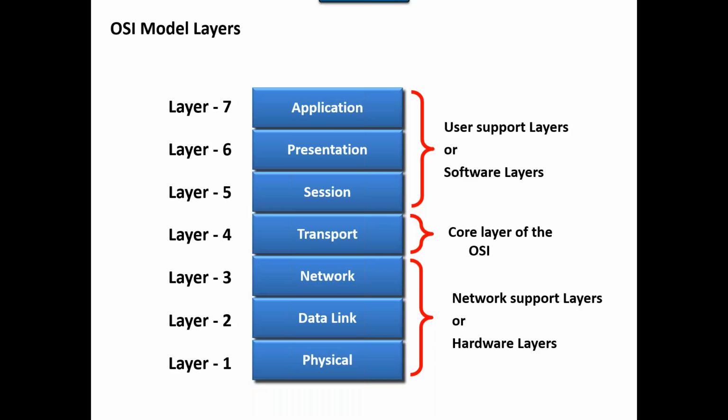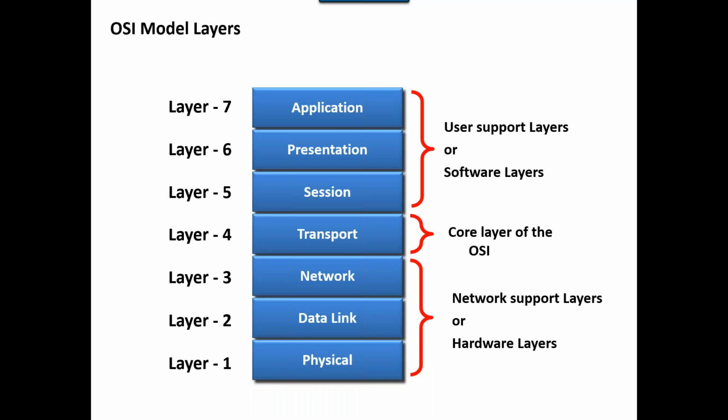I'm repeating. Always numbering starts from bottom to top only, but it depends on our requirement. If we are sending the data, it starts working from application layer. If we are receiving the data, it starts working from physical layer. That depends on what we are doing.